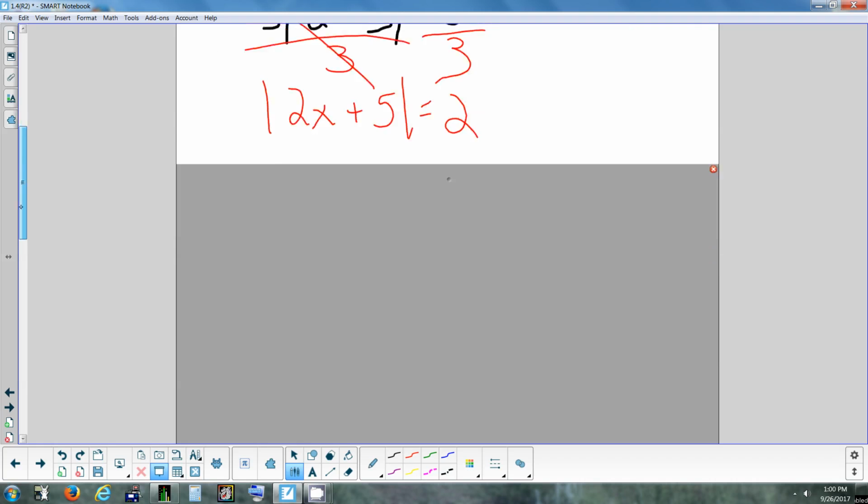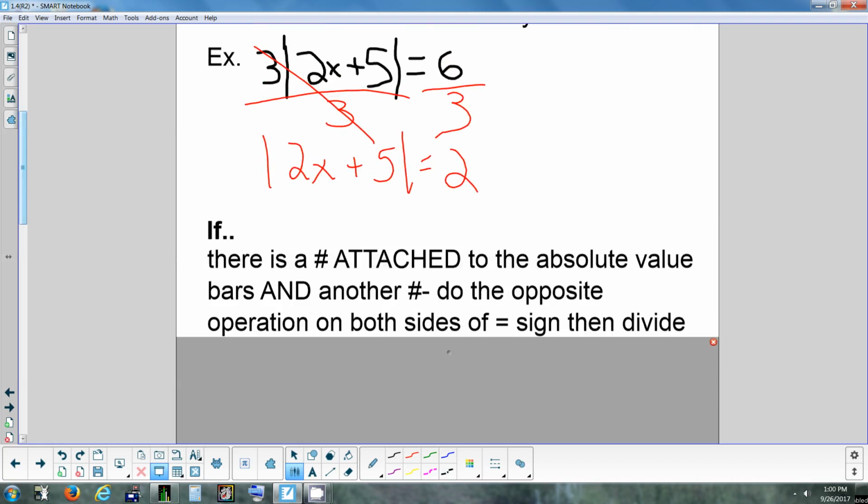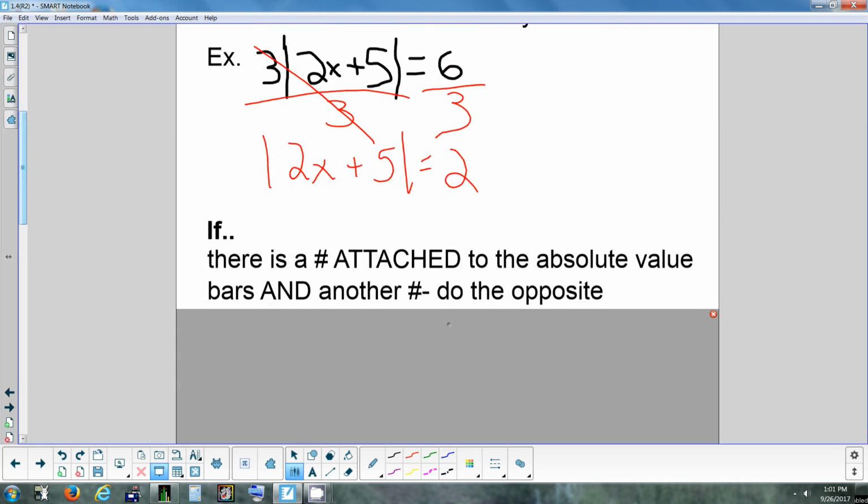Here's another one. I'll leave that up there so people can see. So, if there's a number attached to the absolute value, just like this, there's a number attached, but also another number on that side of the absolute value.